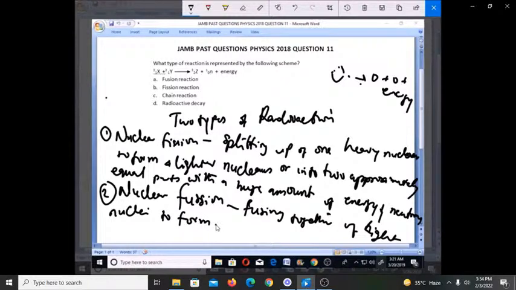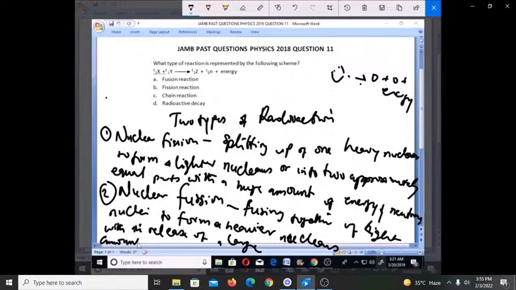When they are breaking up, we call it fission. So when smaller ones come together to form a heavier nucleus, we call it nuclear fusion, and this also happens with the release of large amounts of energy. Whenever there is radioactivity, there is always a release of great amounts of energy. Very, very important.